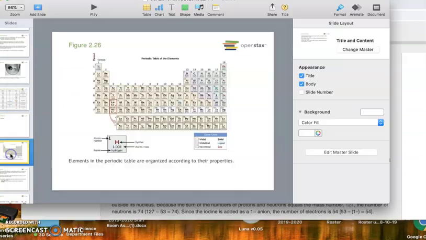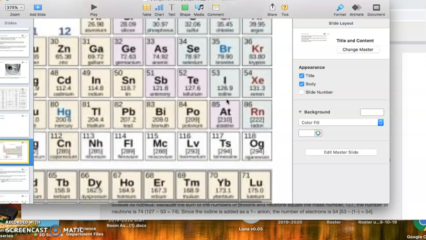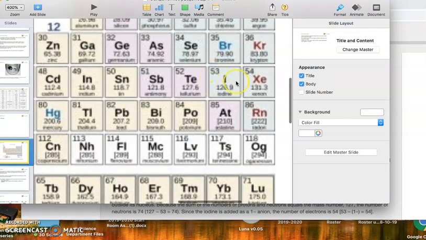So here, going back to the PowerPoint slide, here's my periodic table. They told us we need to look for iodine, and so if we zoom in here, we see iodine has an atomic number of 53.